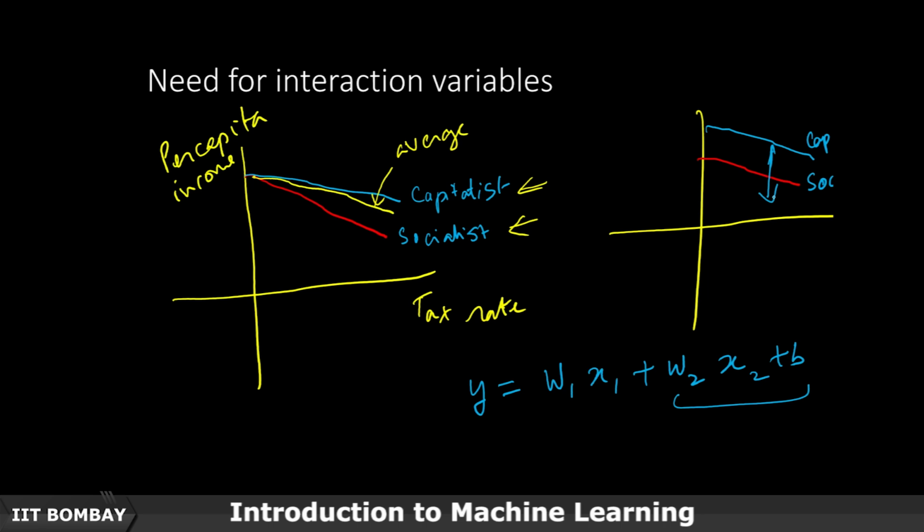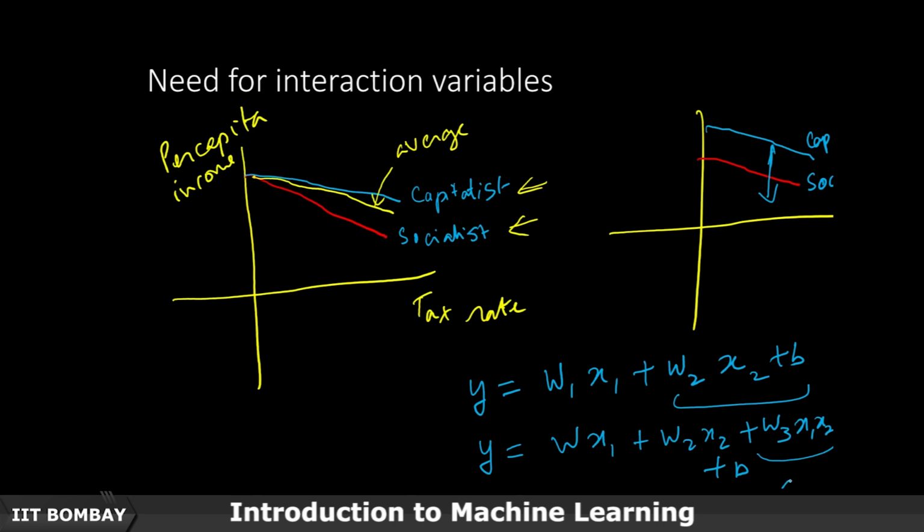If I want to change the slope, then I will model it differently. Then I will model it as W1 x1 plus W2 x2 plus W3 x1 times x2, and then plus B. So now I have this term with the multiplication of x1 and x2.